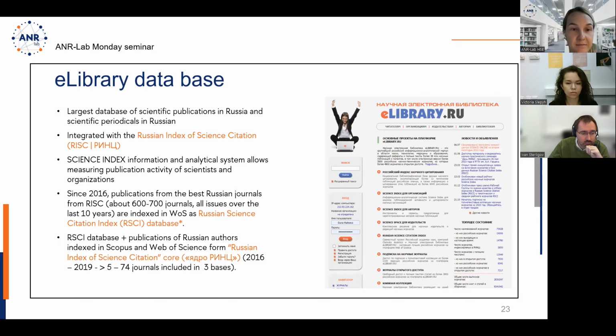But then, starting from 2016, there was a kind of joint project of eLibrary and Web of Science, who decided that they would send the best Russian journals from this Russian Index of Science Citation, from RINS, to Web of Science, and this would be Russian Science Citation Index.